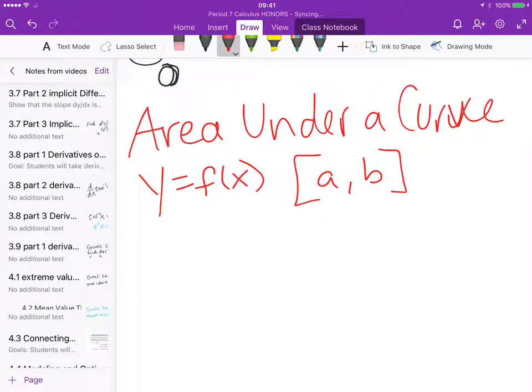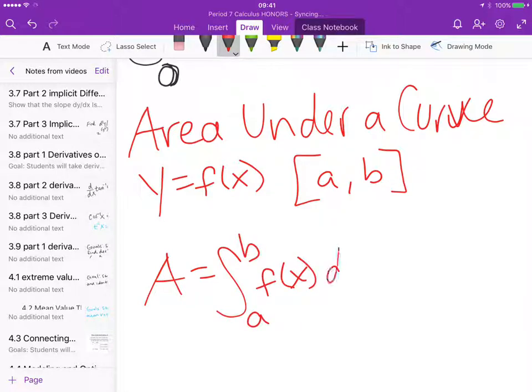We can say that the area under the curve of f of x from a to b is actually equal to the integral from a to b of f of x dx. So that's what we've been leading up to, is that the area under a particular curve is the integral itself with the lower limit a, upper limit b of f of x, okay? So this is what we are going to use to start finding some evaluations of integrals themselves.